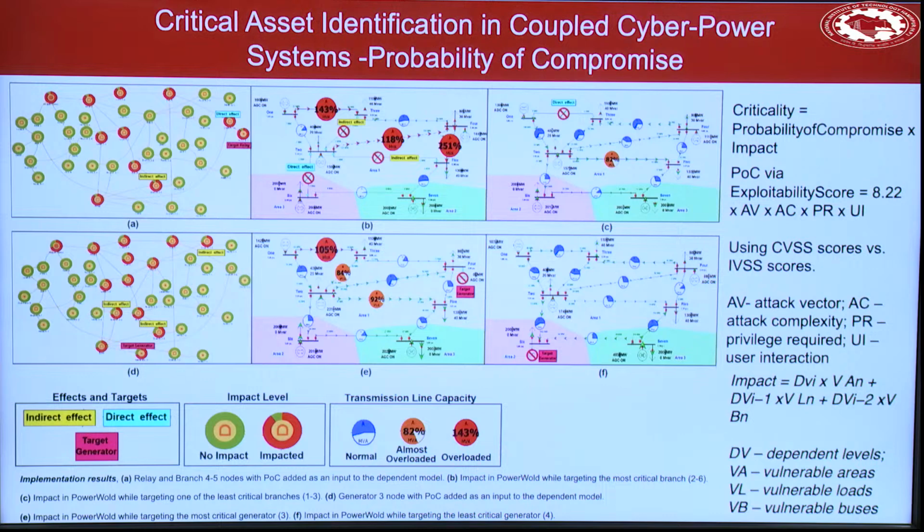And we did some kind of risk assessment. We've talked about this, with CBSS and IBSS. You also want to understand the cyber risk level in terms of a score. So here we say criticality is probability of compromise, factoring in impact, right?